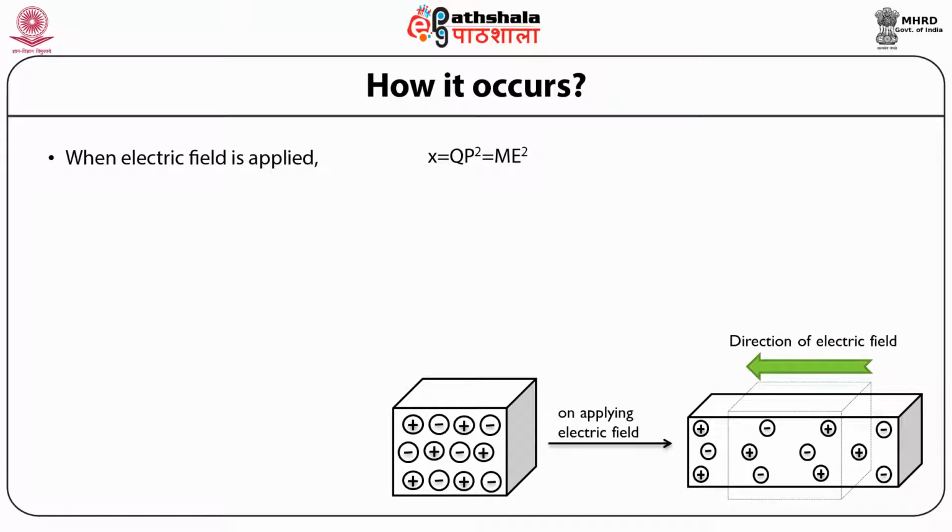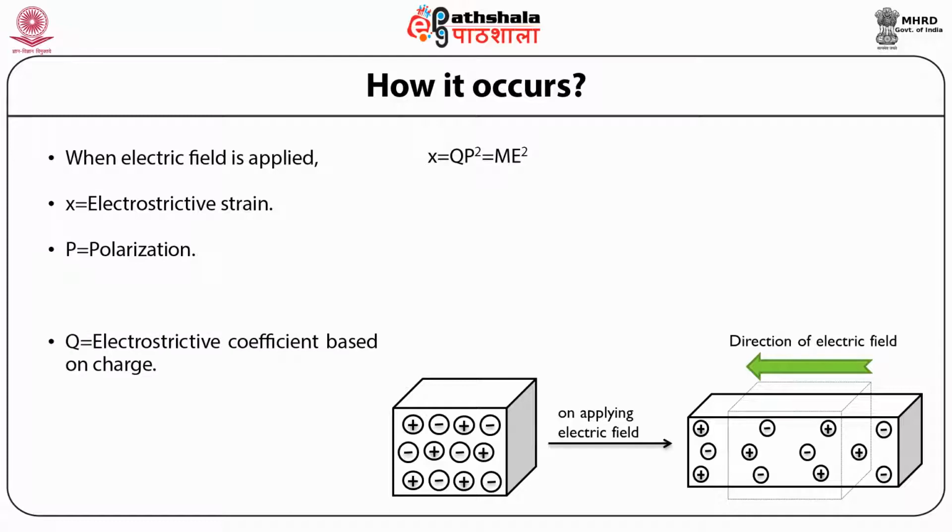Xij is equal to Qijkl PkPl is equal to Mijkl EkEl, or we can write it like that: X is equal to QP square equal to ME square, where P is the electric field polarization and Q is the charge related electrostrictive coefficient, which is nothing but a fourth rank tensor.